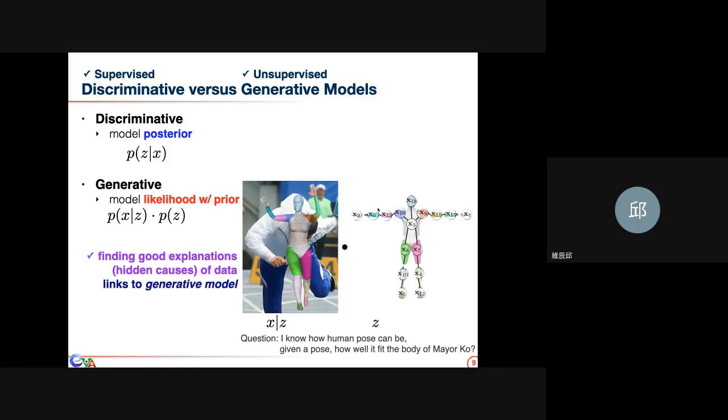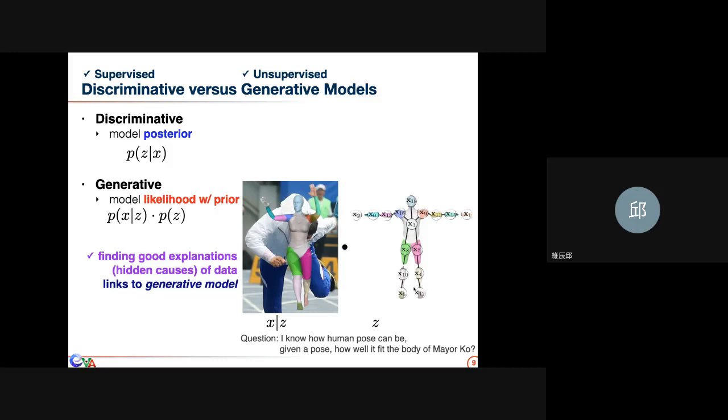So we can use the configurations of different joints, and different joints have their own possible moving angles. Those possible moving angles can be assigned according to your prior knowledge about the human body.